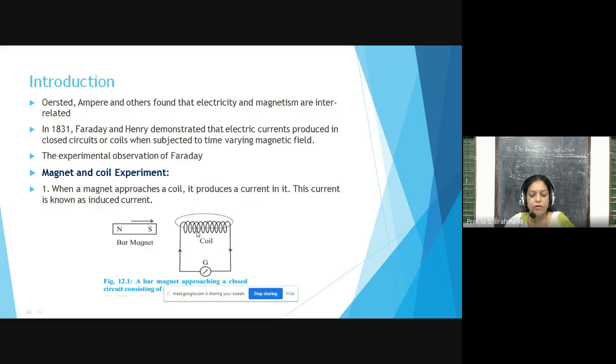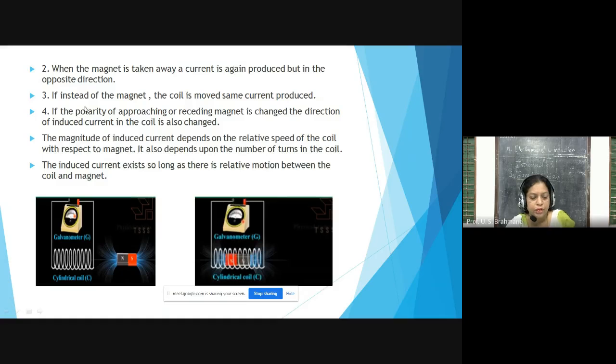And again, when the coil is taken away from the magnet, the current is induced but in the opposite direction, and the galvanometer shows the deflection in the opposite direction. Remember this. Then, if the polarity of the approaching or receding magnet is changed, the direction of induced current in the coil is also changed. So remember this, children.